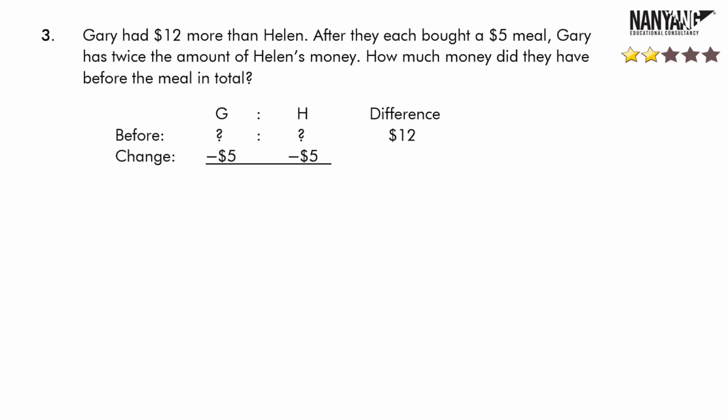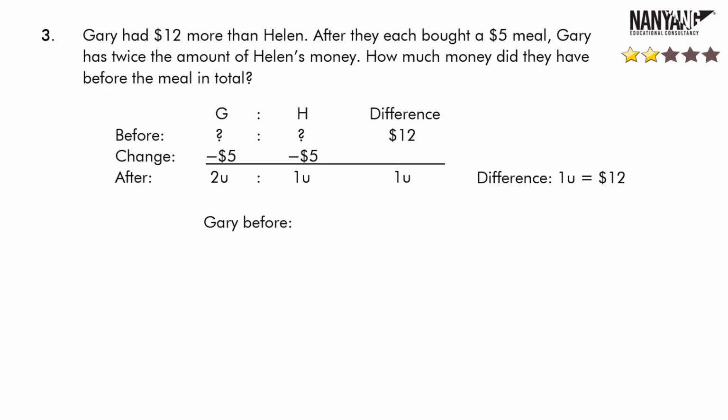Our change is they each bought a $5 meal, so both of them minus 5. Now, Gary had twice the amount of Helen's money, so the ratio would be 2 units to 1 unit. Their difference would then be 1 unit. Since they each bought the same meal, the difference stays the same, so we can equate 1 unit equals $12.